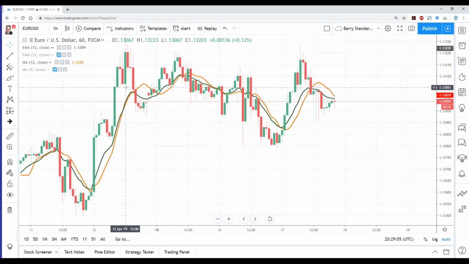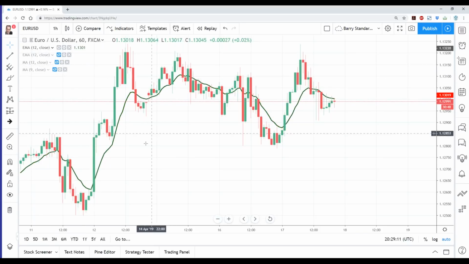So right now, let's get rid of the simple moving average. And we've got our exponential moving average on the chart. We're looking at a 12-period EMA on a 1-hour chart of the euro US dollar.